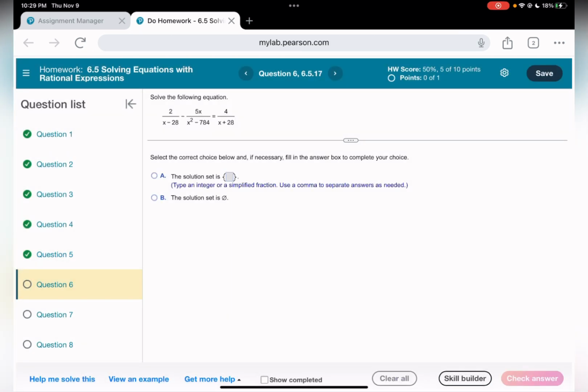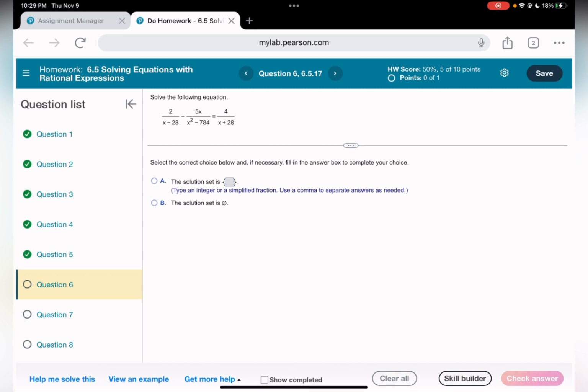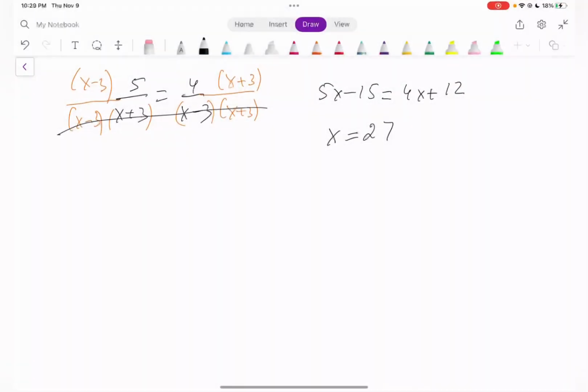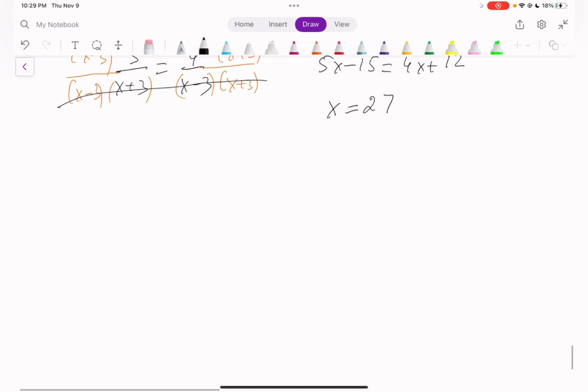Question number 6. Ooh, what a nasty number here. All right, let me take a picture for this one. Although you should be able to solve it already. We already solved a similar one, right? We did solve it, but I'm going to solve it because we have these nasty numbers.